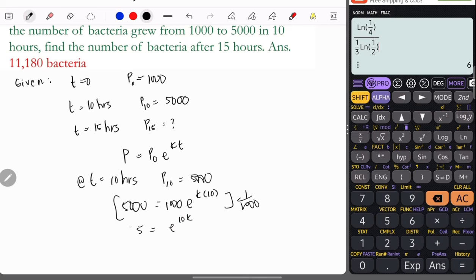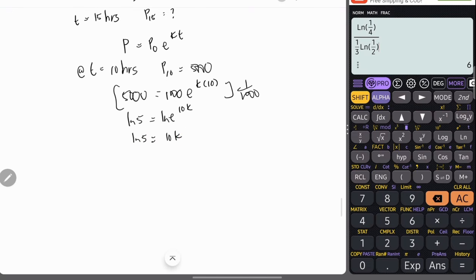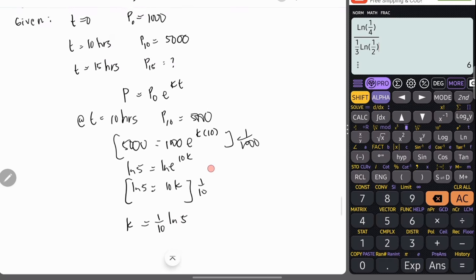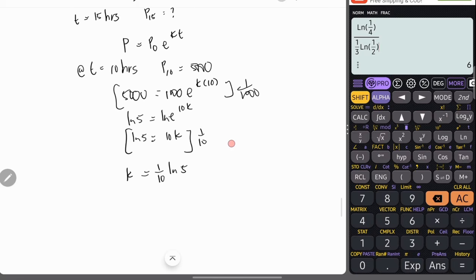Then ln both sides. The result is 10k equals ln 5. Next, divide both sides by 10. So k is equivalent to 1 over 10 ln 5. Next is to find the missing population.